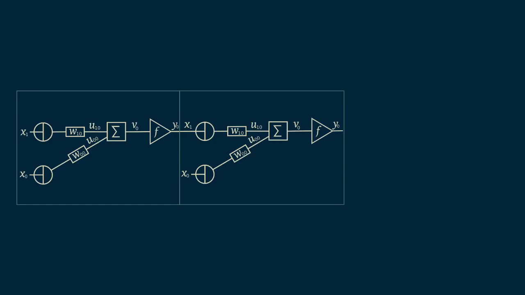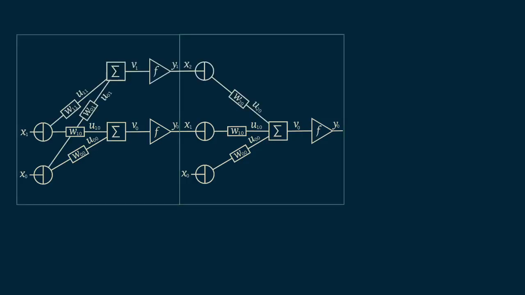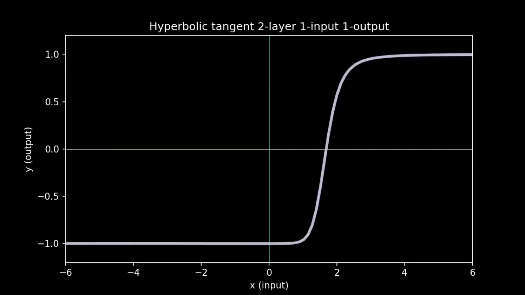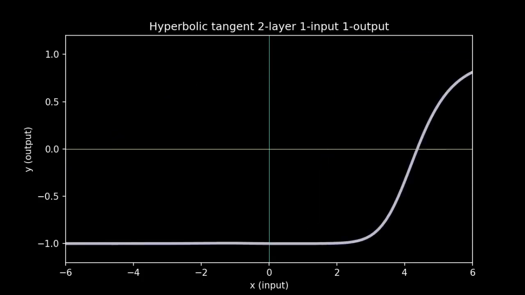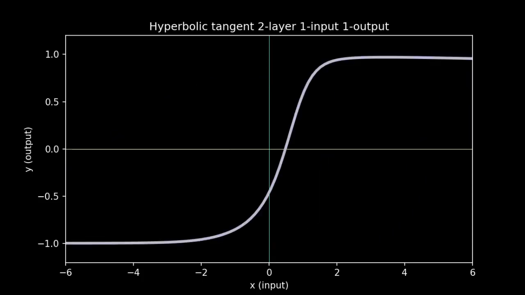Just like we tried to do before with linear functions, we can use the output of one layer as the input to another layer. We can stack them in this way and can even add hidden nodes the same way we did before. Here we just show two hidden nodes in order to keep the diagram simple, but you can imagine as many as you want there. When we choose random weights for this network and look at the output, we find that things get interesting.